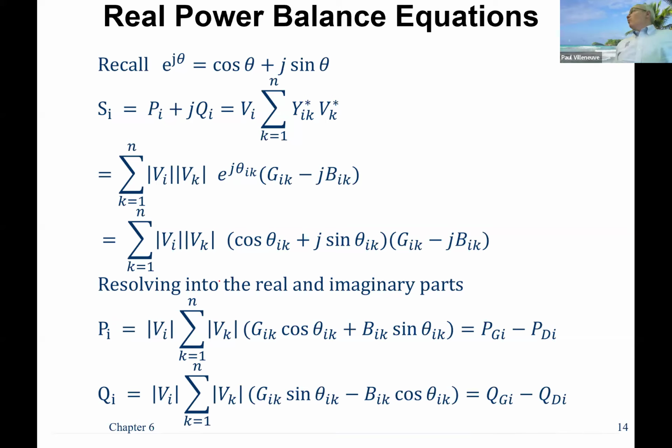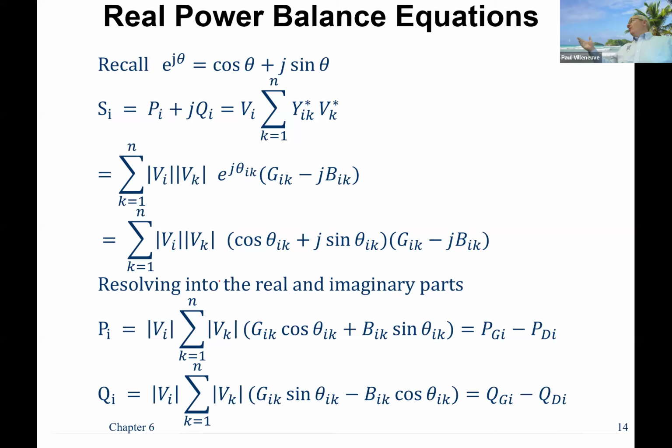Now, I'm going to get rid of the e to the j theta, because again, the Newton-Raphson algorithm can't handle that. And I'm going to substitute Euler's identity, cosine plus j sine, in for e to the j theta_IK. So the expression in the middle of the presentation is the total power, but trying to break things up into real and reactive parts.